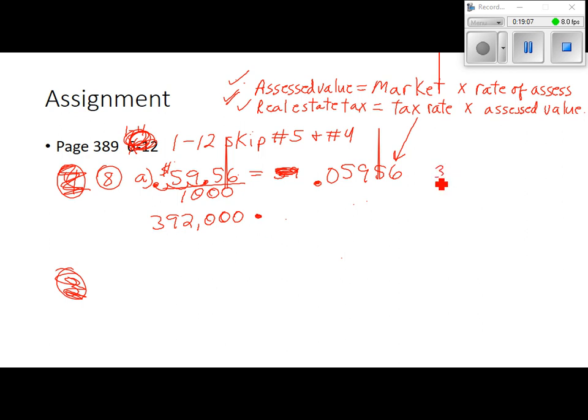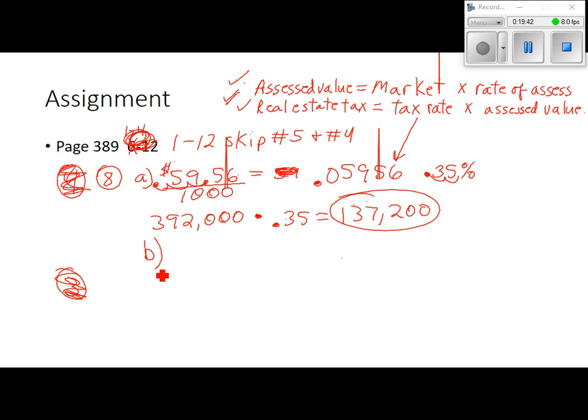So remember, with 35%, we bump that over 2 places, and it's 0.35 that we multiply by. So you grab your calculator, 392,000 times 0.35, and I get 137,200. That's the answer to part A. That's the market value, or I'm sorry, that's the assessed value of their house.